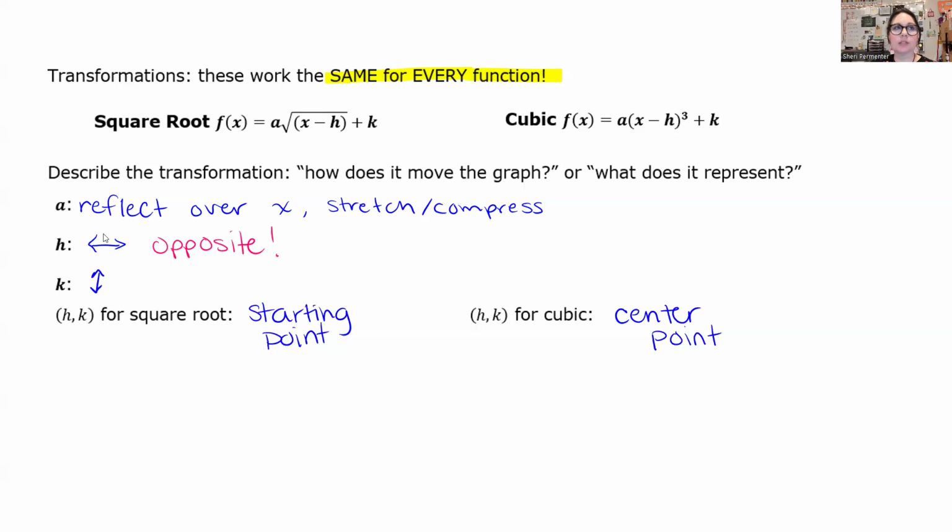And you can add words to these if you want. That is your horizontal movement, and this is your vertical movement. So H is a horizontal movement and K is a vertical movement.